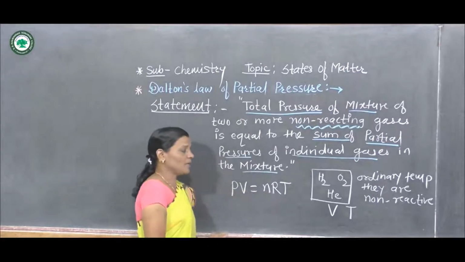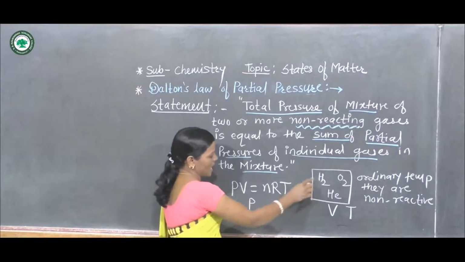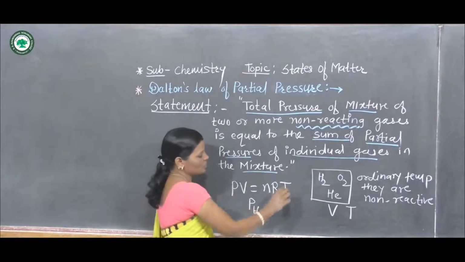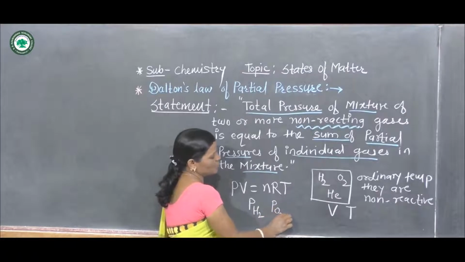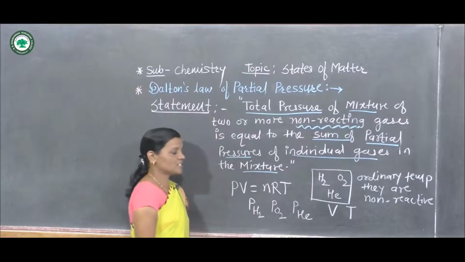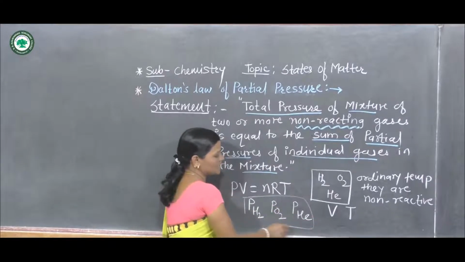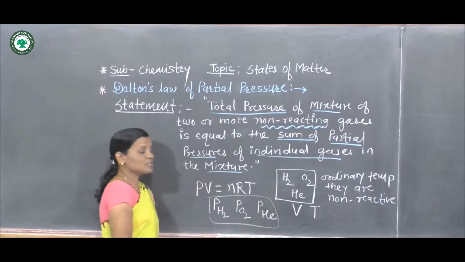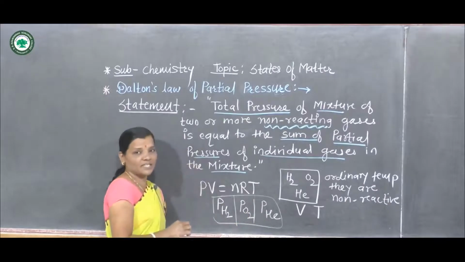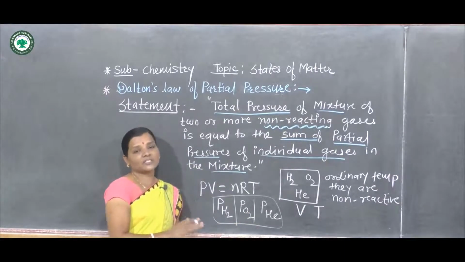Now, for example, the pressure of H2 gas in the container is PH2, the pressure of oxygen gas is PO2, and the pressure of helium is PHe. Since all these gases are taken in this container, these are the pressures of individual gases, and so these are the partial pressures of these gases.